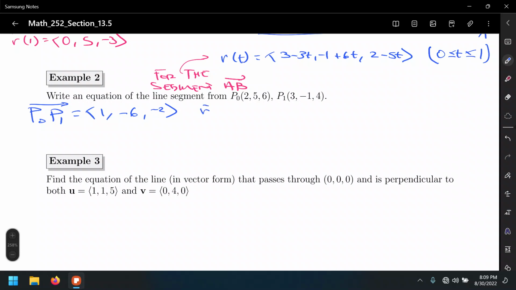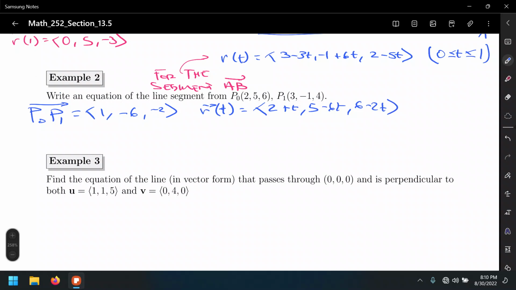Let's write this as a vector valued function. Let's use component form. So that's going to be the initial point and the coefficients of the vector in the direction of those 2 points times the variable t, in this case: 2 plus t, 5 minus 6t, and 6 minus 2t.